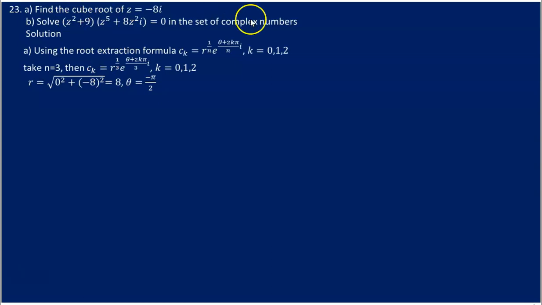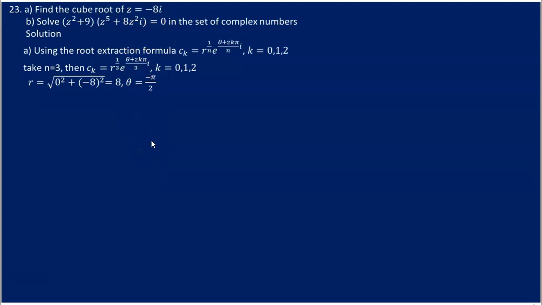And how can we find theta? This theta can be obtained from this minus 8i. The real part is 0, the imaginary part is minus 8. So this shows you that our complex number on the complex plane lies totally on the negative y-axis.